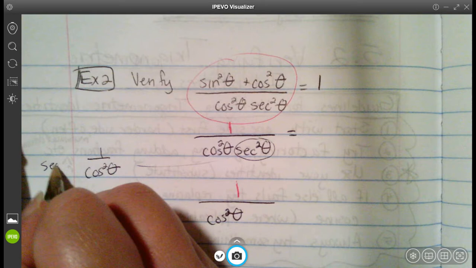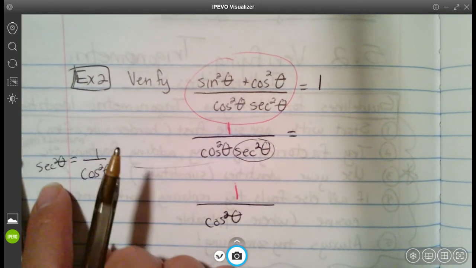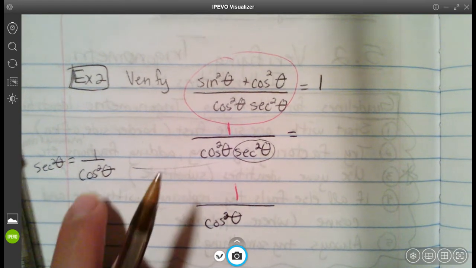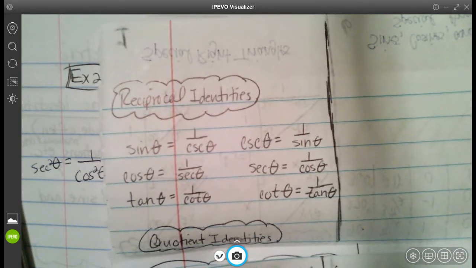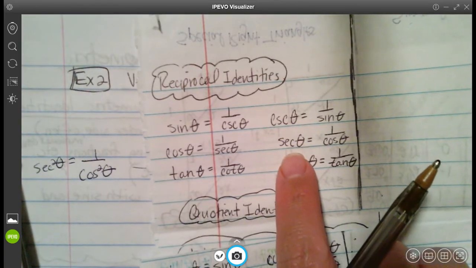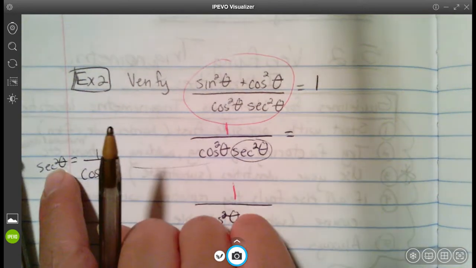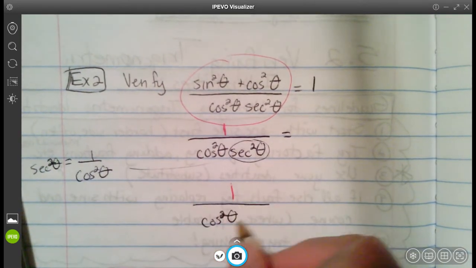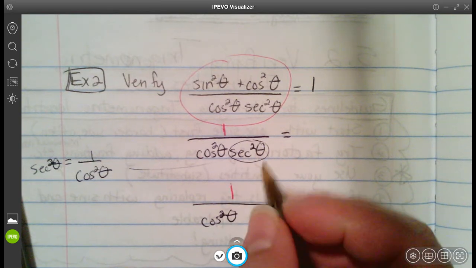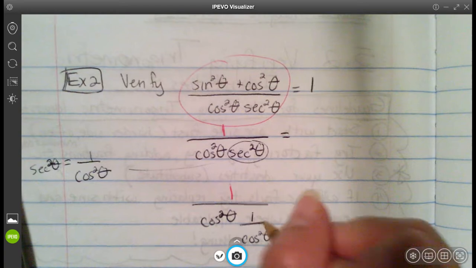Remember that secant squared is just the reciprocal of this one, so I just have to flip it like this. And again, this is part of your reciprocal identities, which is at the top. So secant is 1 over cosine, and if it's squared, you just have to square cosine also. So then here, where I have the secant squared theta, I'm going to have 1 over cosine squared theta.